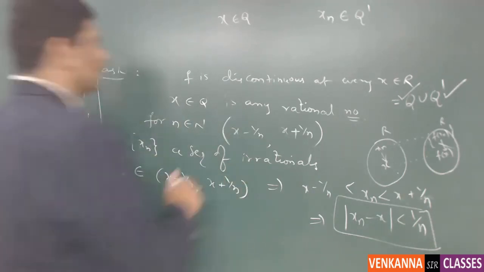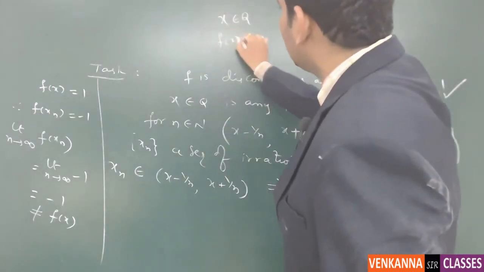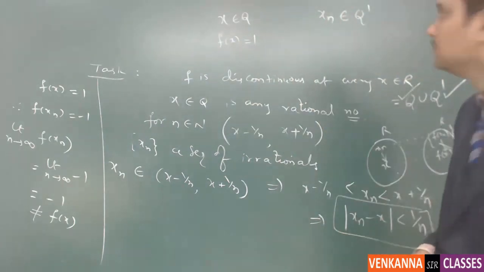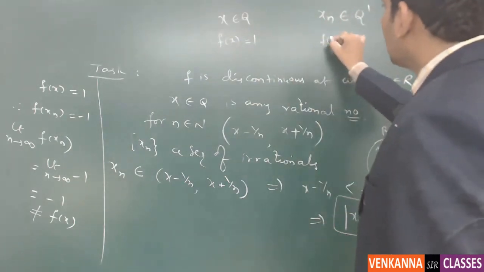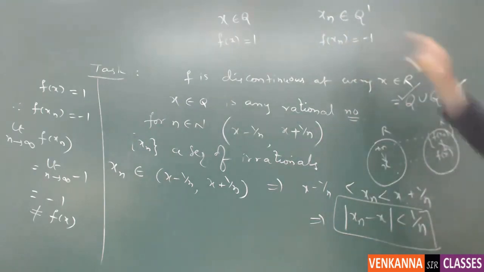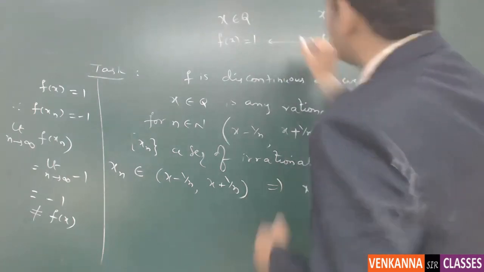Right. Now, since x is rational, if you calculate f of x, it is 1 as per the f definition, and f of xn is minus 1 because it is irrational. Now what happens? You are checking whether it is convergent or not.